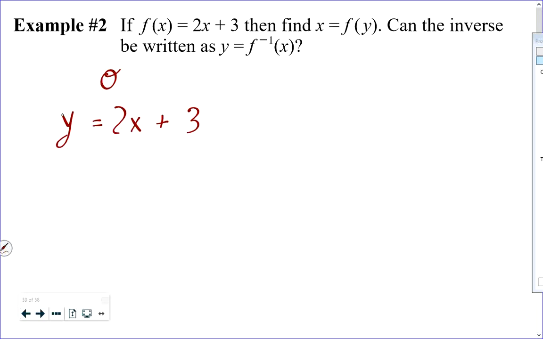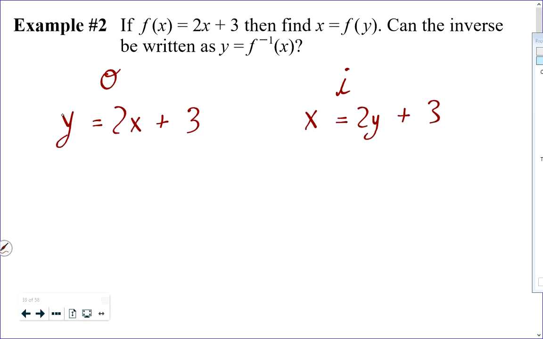And now what we can do is determine the inverse, which will be x equals 2y plus 3. I think you get this idea. You may have even figured it out already. But if I take every point on an original graph and I switch x and y, that means the rule that I use for determining y from x becomes the same rule that I would use to determine x from y.